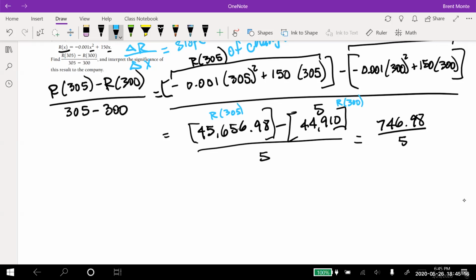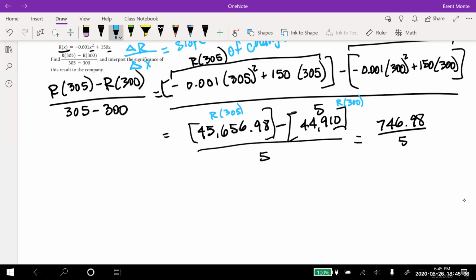That would be my total revenue if I just sold 300 cases. Well, that difference of $746.98, that's the difference in selling those extra 5 cases, going from 300 to 305. But I sold 5 more cases.